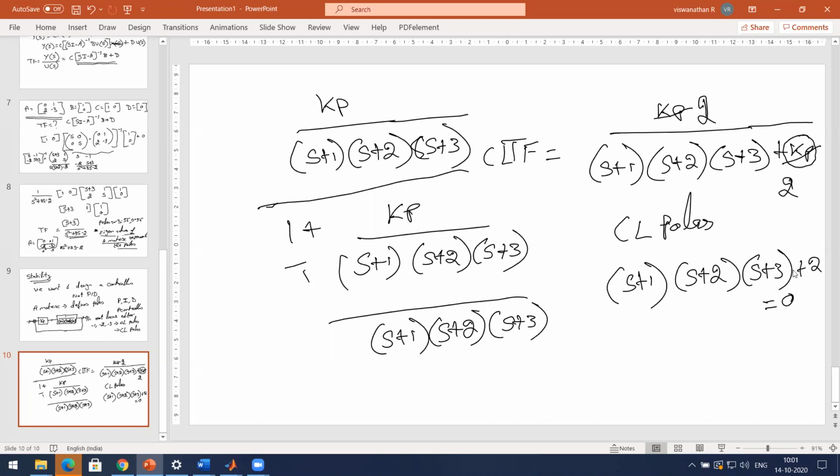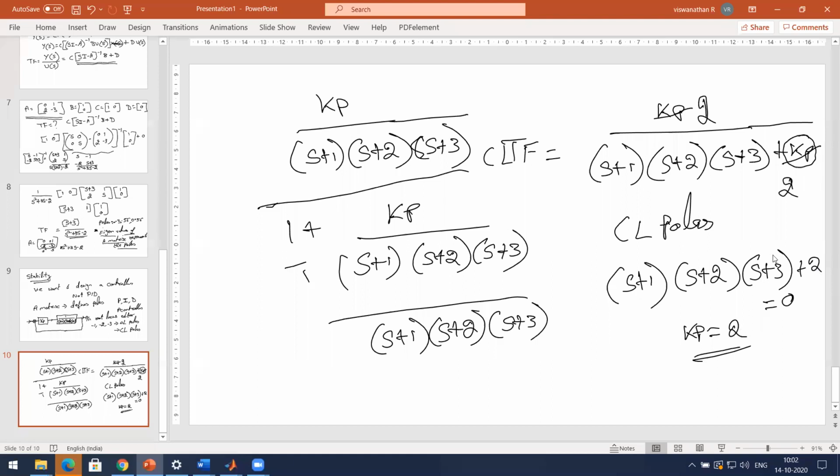The closed loop poles for kp equal to 2. Okay, do you understand this? So if you change this kp, the closed loop poles are going to vary.